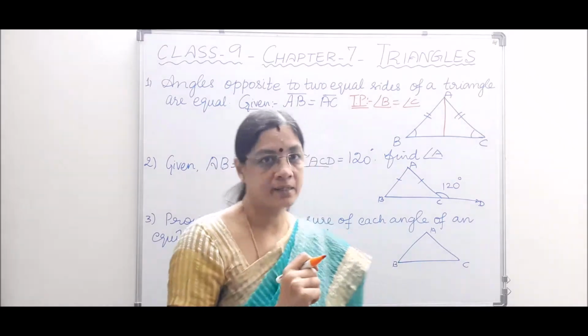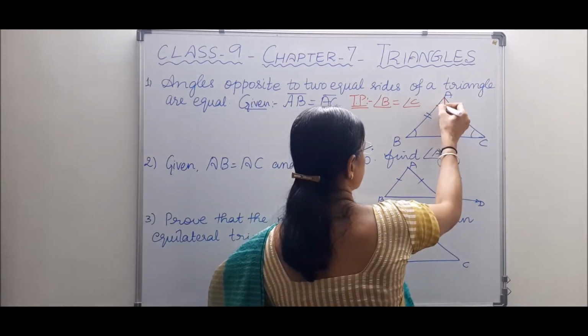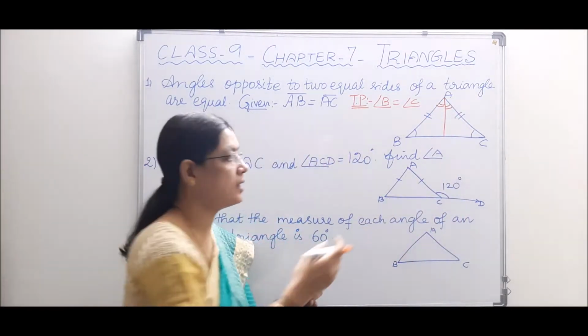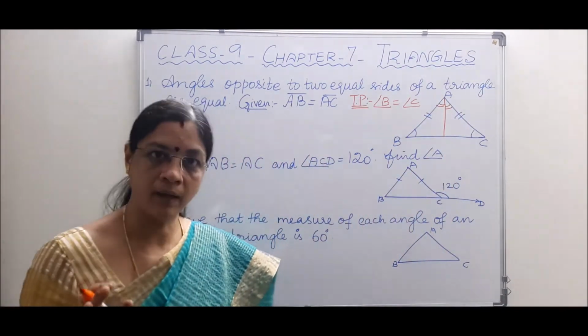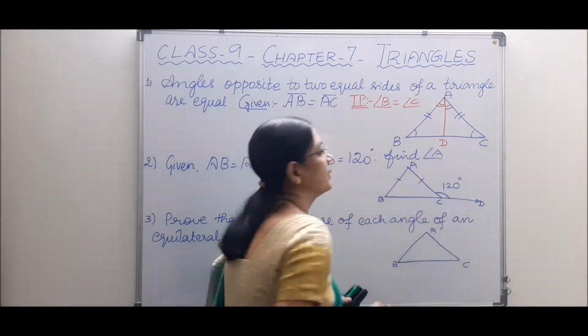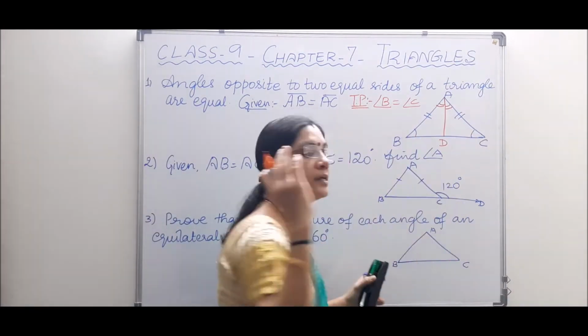So the angle bisector divides the angle A into two equal halves. So these two are equal now. This angle bisector meets the side BC at D.